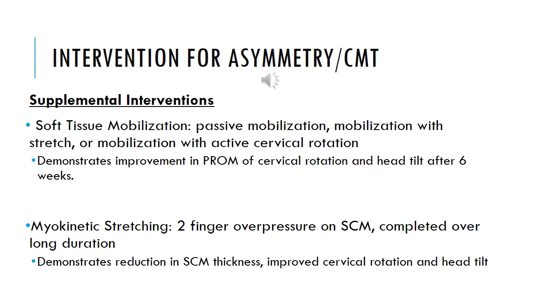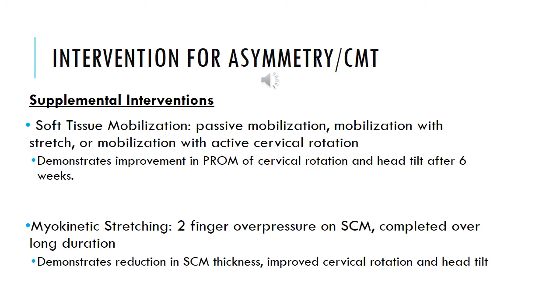Additionally, myokinetic stretching was also found to demonstrate improved cervical rotation and lateral flexion, as well as reducing the thickness of the involved sternocleidomastoid muscle. This technique involves the use of 1 to 2 fingers over the affected muscle, and the therapist applies an overpressure, and it's usually completed over a long duration, so about 30 minutes.